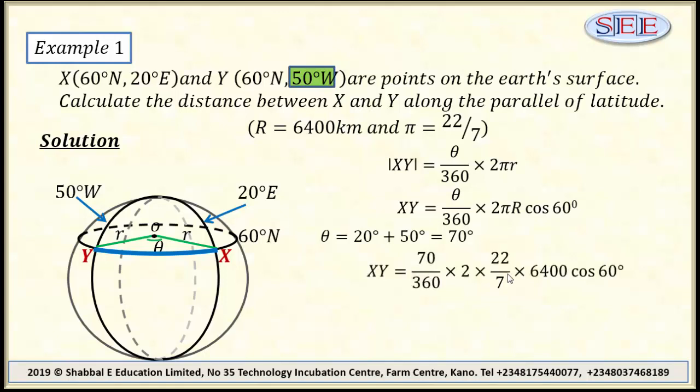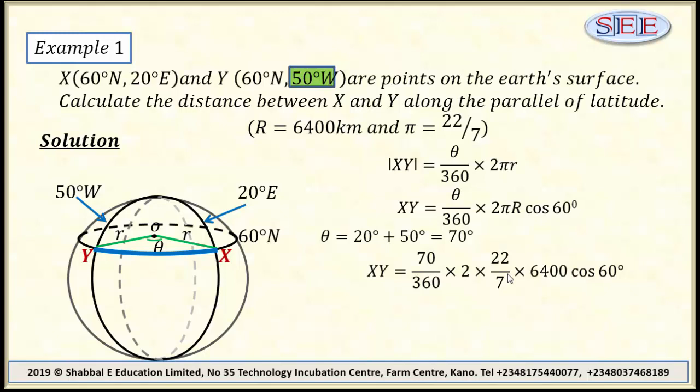So substituting to get the distance XY, we will now have XY equals 70 degrees over 360 degrees multiplied by 2 multiplied by pi. Pi is 22 over 7, multiplied by 6,400, the capital letter R, radius of the Earth, then multiplied by cos 60 degrees.